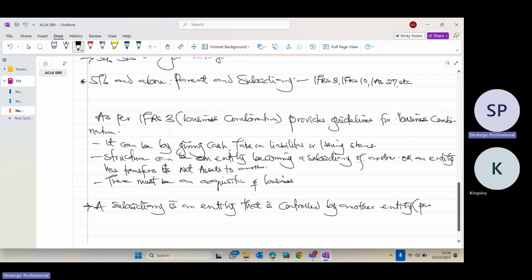Another entity which is known as what? As parent. And the term is what? Control. How do we really know there's a control?